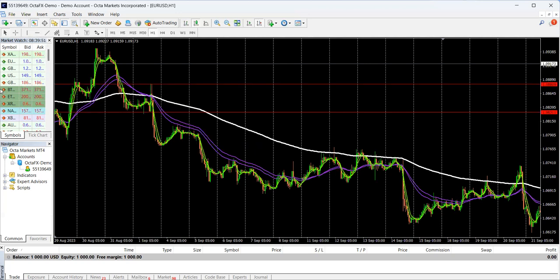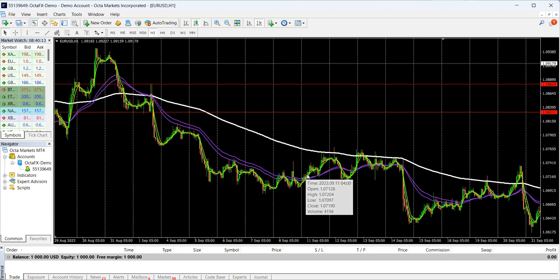And then I come over here, then I follow the trend all through, till the lemon or green moving average crosses the violet completely.